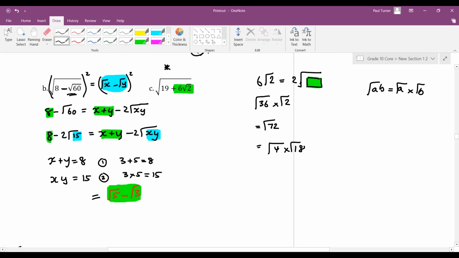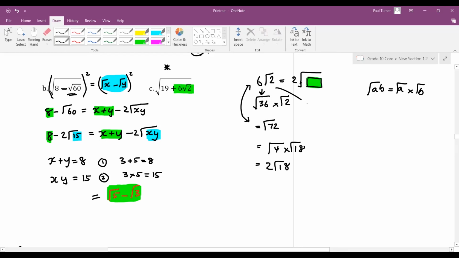So what I did, I changed my 6 to be root 36, and then I combined that to be root 72. So I'm actually just working backwards between these two numbers. Root 72 is easy to go this way, because 2 times root 36 is 6 root 2, but going in the other direction may be a bit more difficult. So I changed my 6 to root 36, then combined under the root sign, and then realized that root 72 is the same as root 4 times root 18. So that's going to give you 2 root 18.